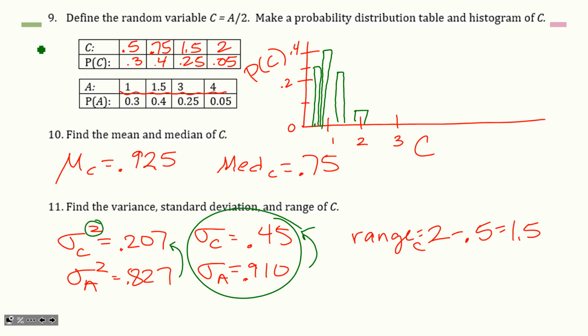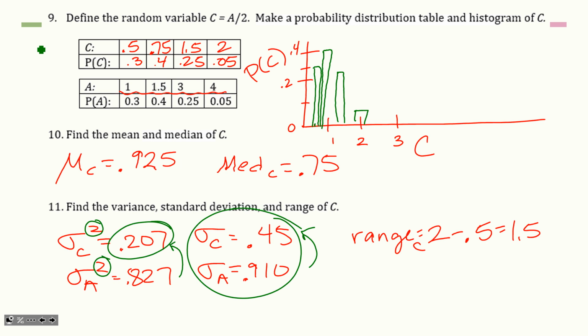Well, think about it. These are squared values. So if I take 2 and square it, I get 4, right? So if I take 0.827 and divide by 4, try it in your calculator, you get this value here.